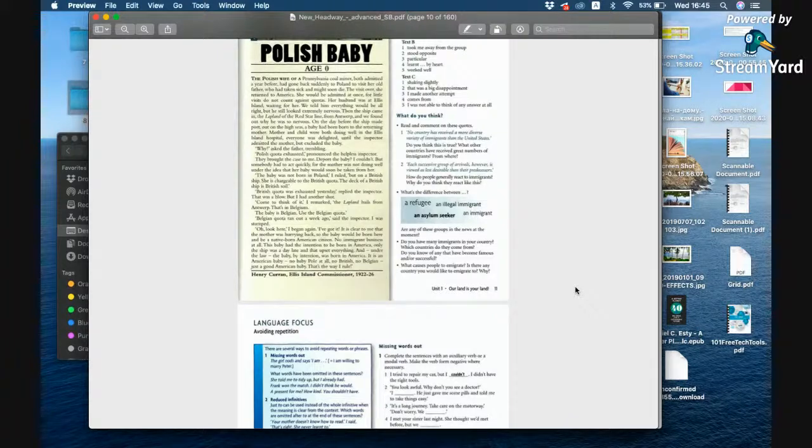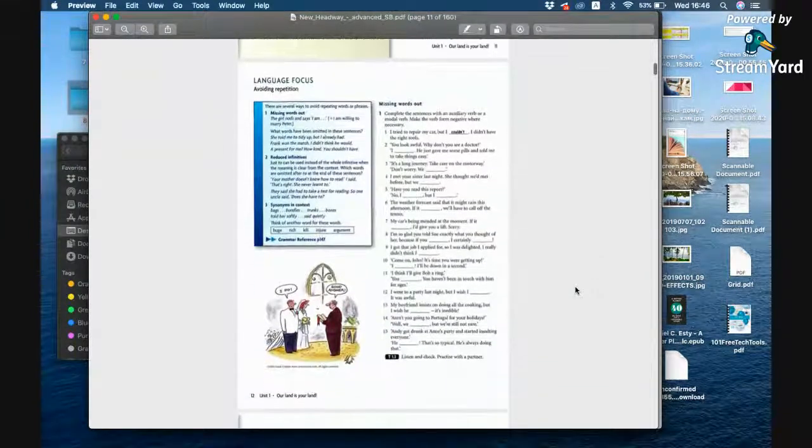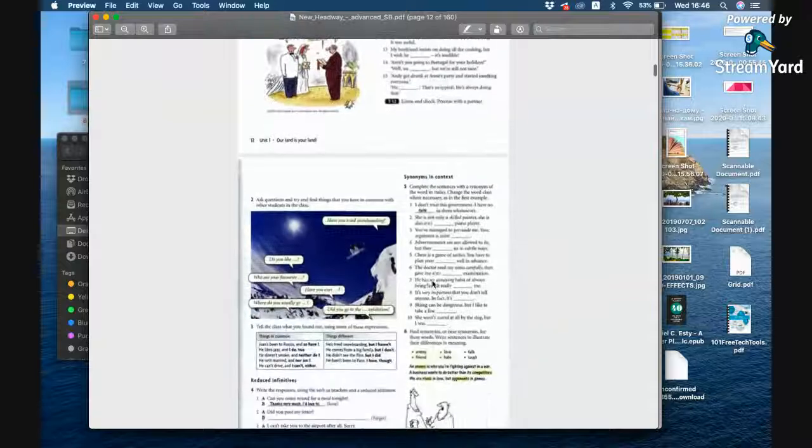And don't worry, the texts are very engaging. You might have some difficulty with some vocabulary, but in general, it's quite easy. And do the accompanying exercises. There is a little language focus point here on page 12 about avoiding repetition, but I guess it shouldn't be a big problem for you.